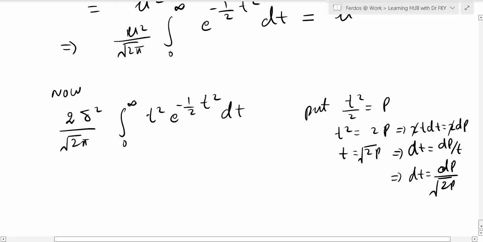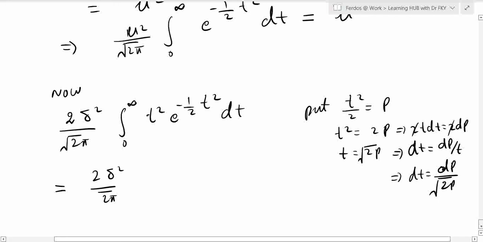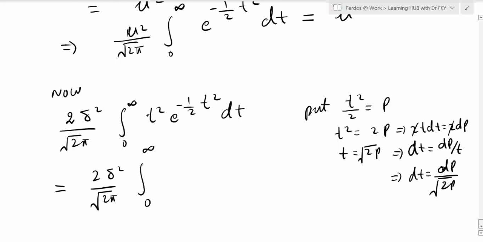So you can use this equation in this part, which means that 2 sigma square divided by 2 pi, 0 to infinity, the limit will remain the same, and t square is equal to 2p, and now e power minus p, and now dt is equal to dp divided by 2 square root p.